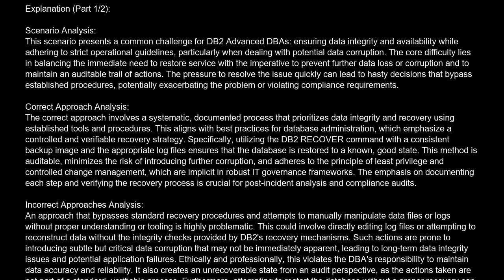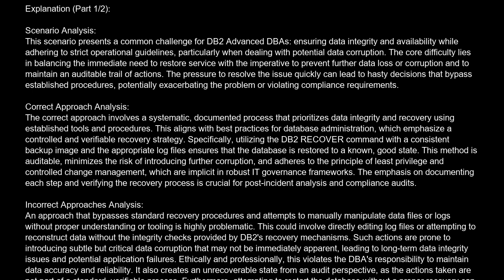This method is auditable, minimizes the risk of introducing further corruption, and adheres to the principle of least privilege and controlled change management, which are implicit in robust IT governance frameworks. The emphasis on documenting each step and verifying the recovery process is crucial for post-incident analysis and compliance audits. Incorrect approaches analysis.